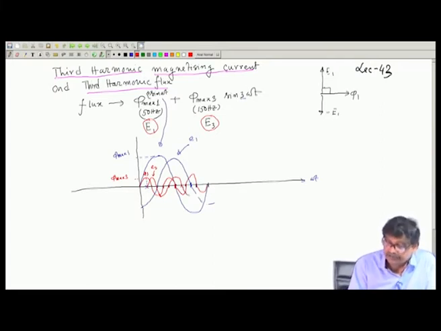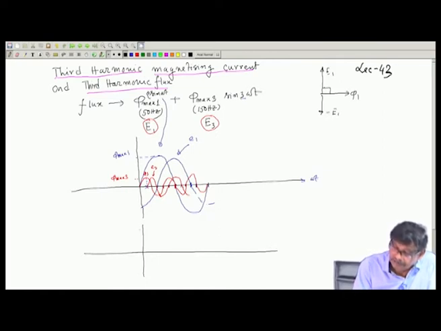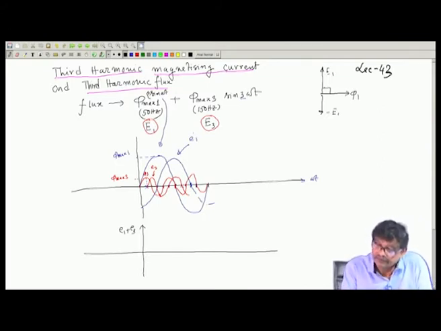Now, if you see the resultant voltage below this, I will sketch that. That is, here I will sketch E 1 plus E 3, that is this one and this voltage.